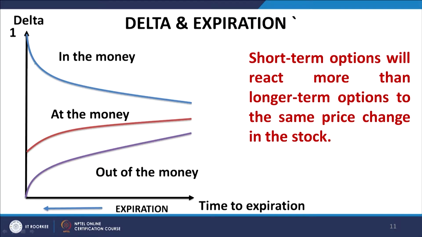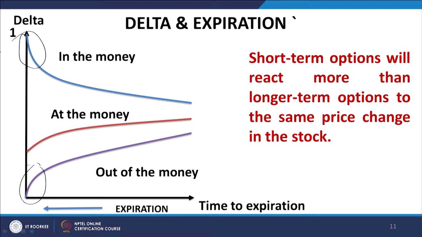And as you can see, when the time to expiration is very small, delta is moving very rapidly towards 1 for in the money options, and delta is moving very rapidly towards 0 for out of the money options, this portion and this portion respectively.